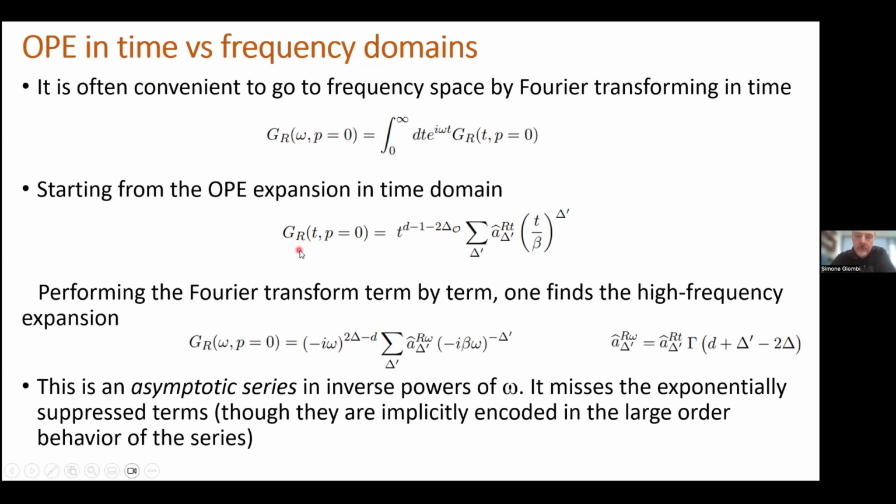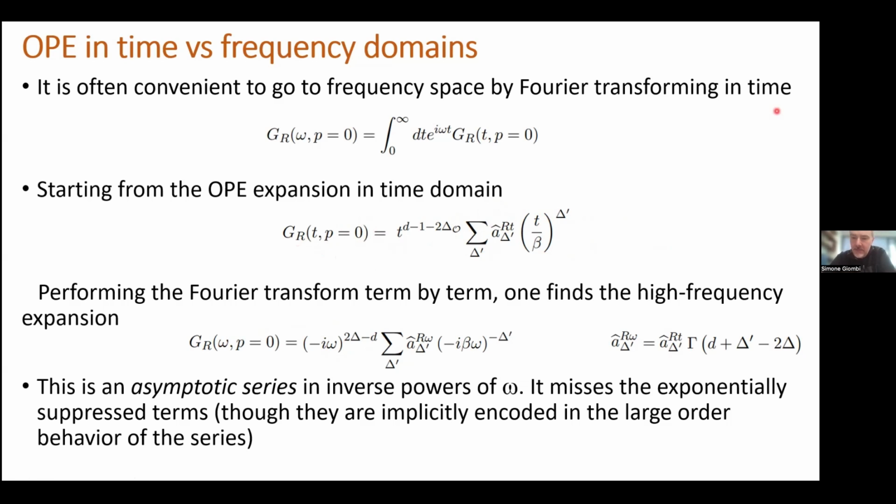The OPE expansion in the time domain, which is what I wrote before, if you naively do a term-by-term Fourier transform, gives an asymptotic series expansion in powers of 1 over omega.